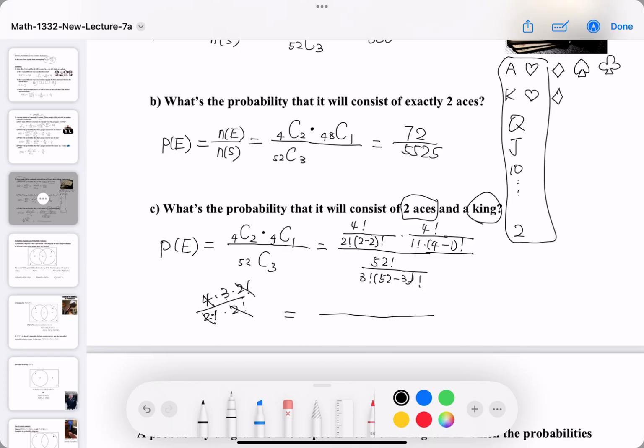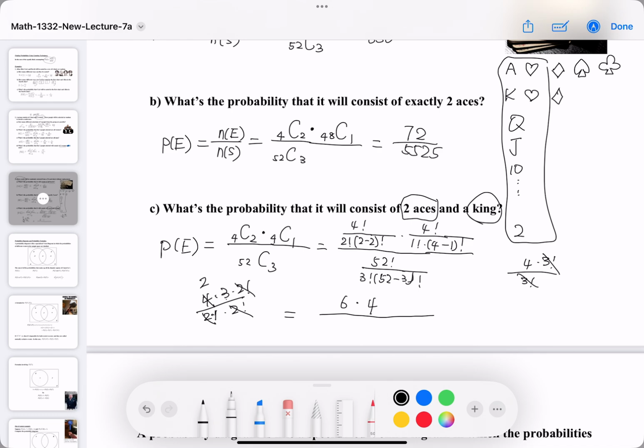And between 2 and 4, we have 2 left. 2 times 3 is 6. So the first factor is 6. And the second factor, 4 factorial divided by 1 factorial times 3 factorial: 4 factorial means 4 times 3 factorial. Do the cancellation, it is 4.